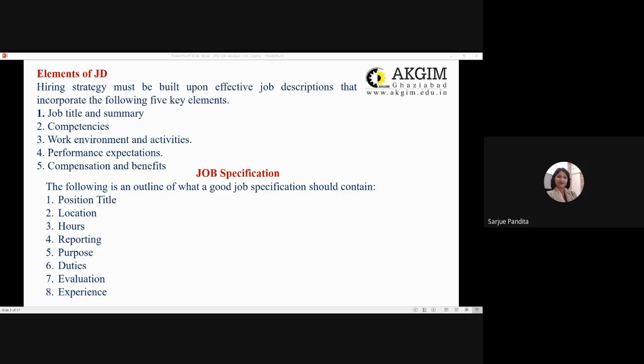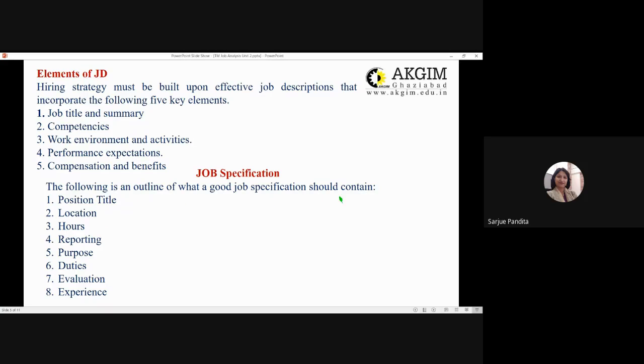Talking also about job specification, as we said, job analysis is equal to job description plus job specification. That means both job description and job specification combined make your job analysis.